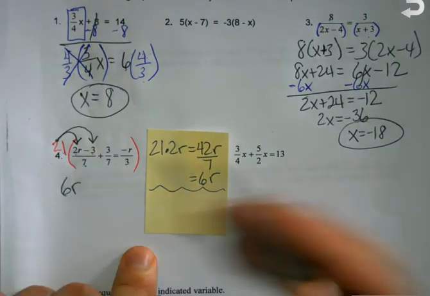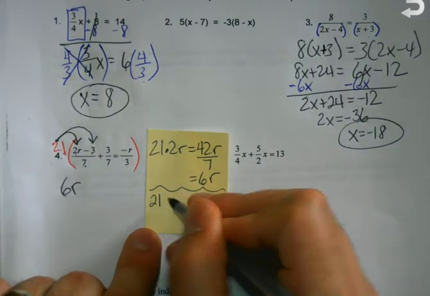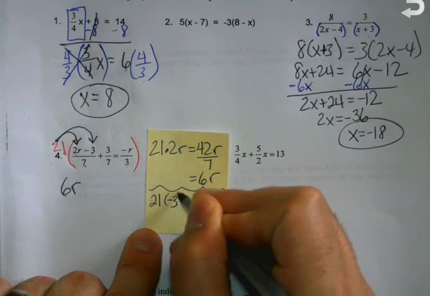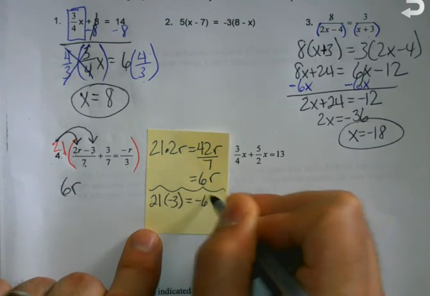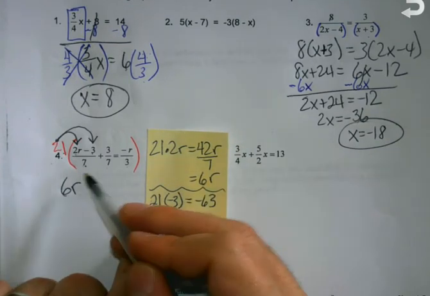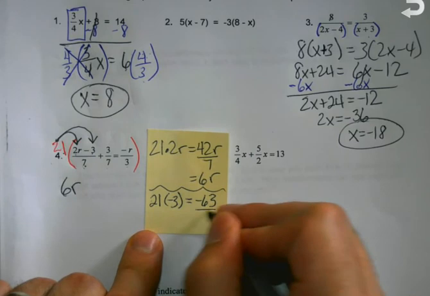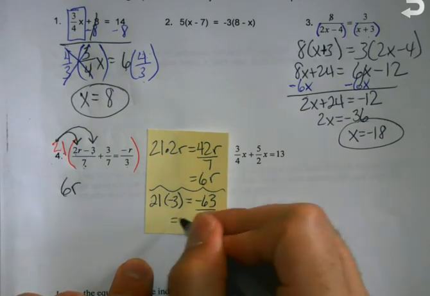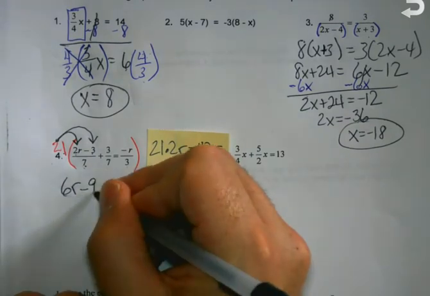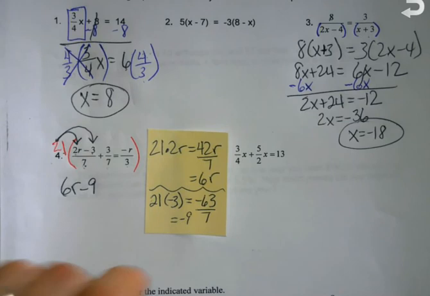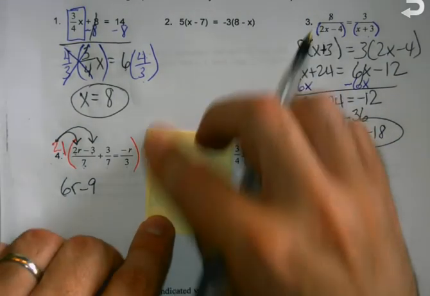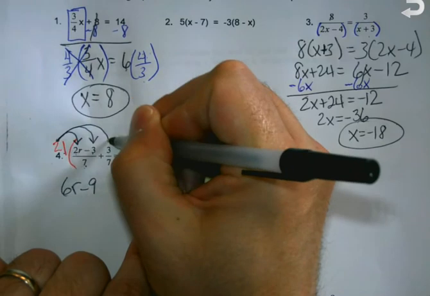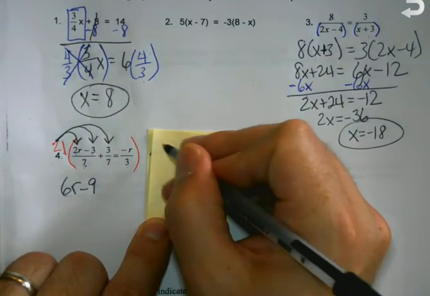So on this next one, I've got 21 times negative 3 is negative 63. But then I divide by what's on the bottom of my fraction. And I'm going to keep doing this all the way through till I run out of terms.